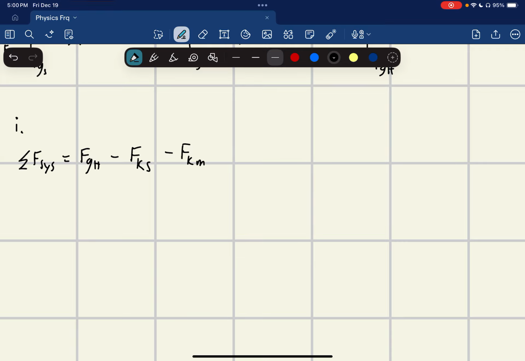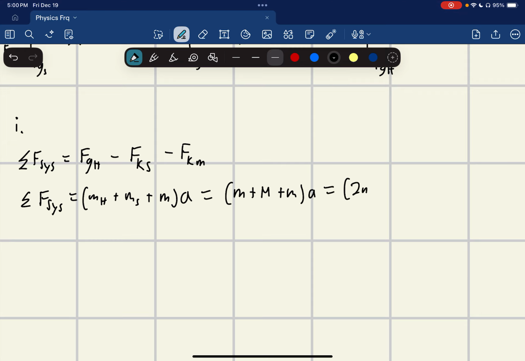And we also know that F system is equal to mass H plus mass S plus little block m times A. And then that would equal lowercase m plus capital M plus lowercase m times A, which simplifies even further to 2 lowercase m plus capital M times A.